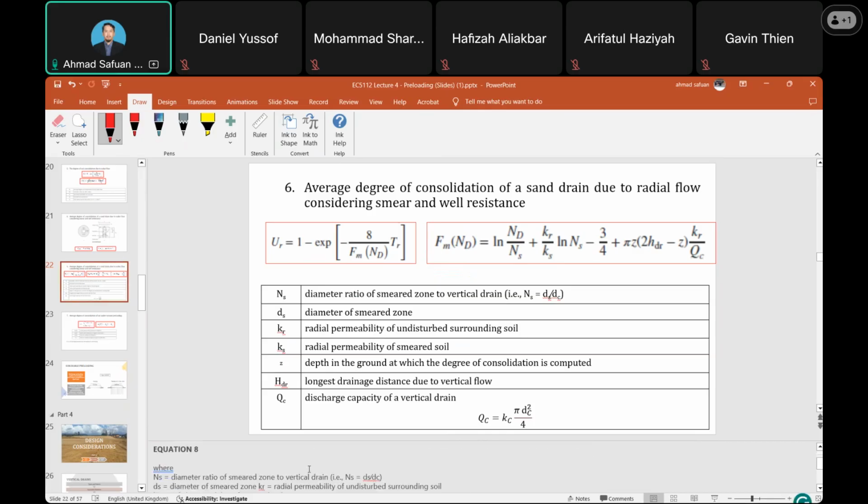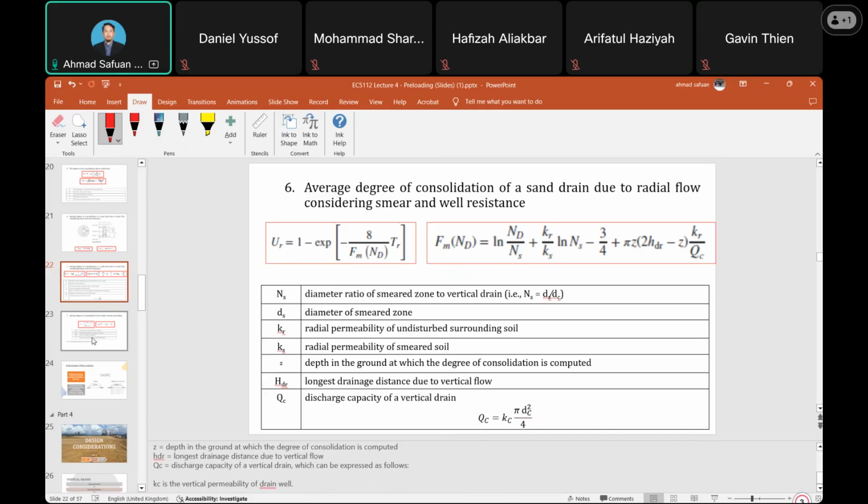So that is for the mandrel effect on the UR calculations.